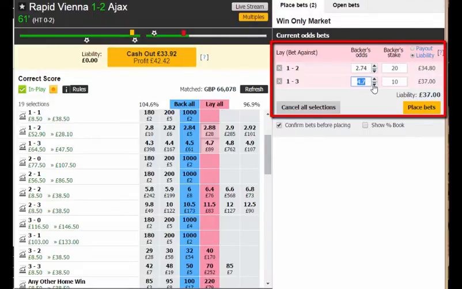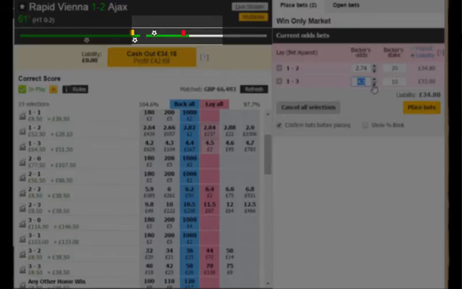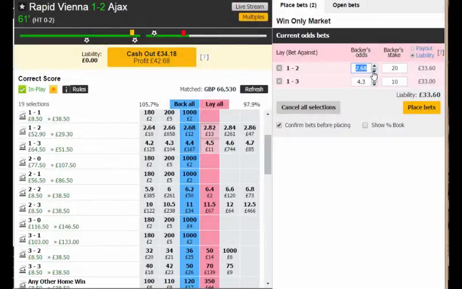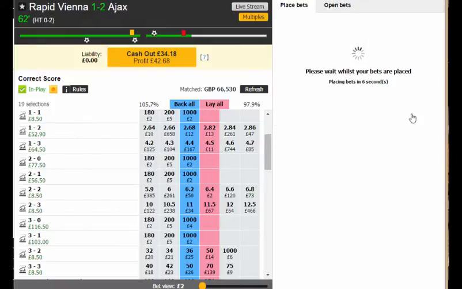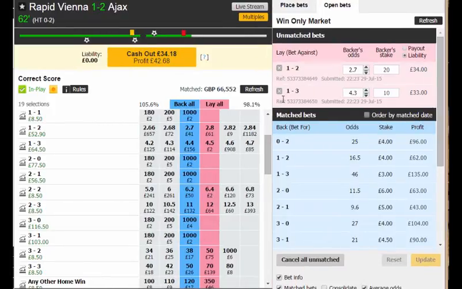The reason, and this was at least one stroke of luck I had, why those prices were particularly low was because Rapid had a red card in the 60th minute. That lowered the 1-2 and the 1-3 prices, which helped me by an extra 10 to 15%. If Rapid hadn't got the red card, I wouldn't have been able to take that 2.7 and 4.3 that you can see there.